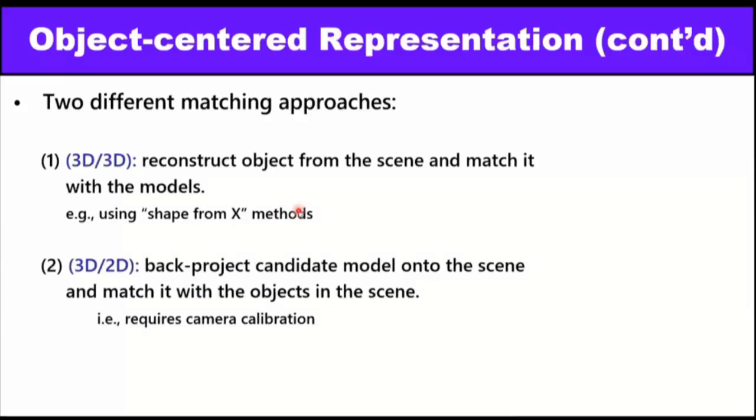So two possible approaches are there. The reconstruction method uses 3D to 3D transformation, extracting shapes from various methods for object views, or decomposing the 3D view into 2D views and then back projecting. In 2D views you need camera calibration so that 2D can create 3D.